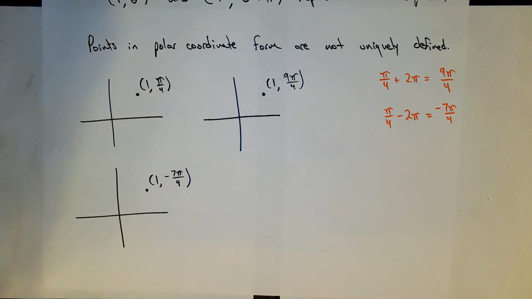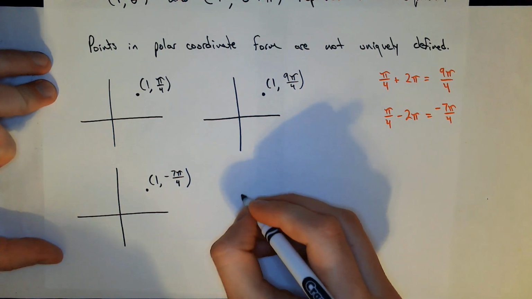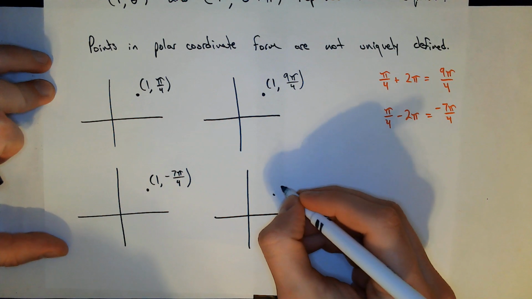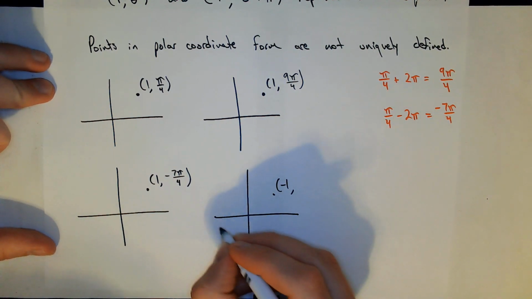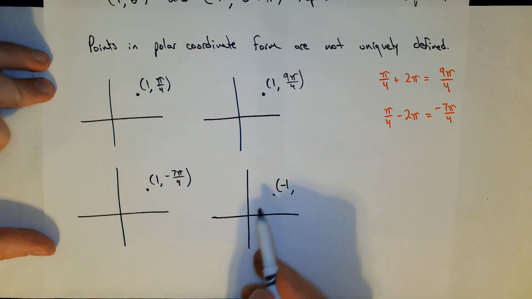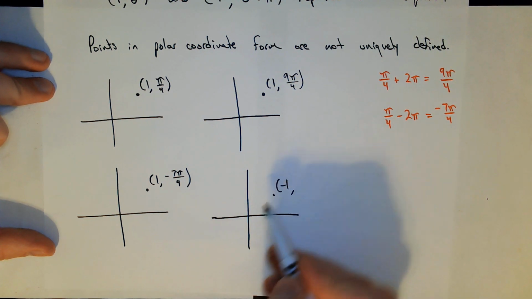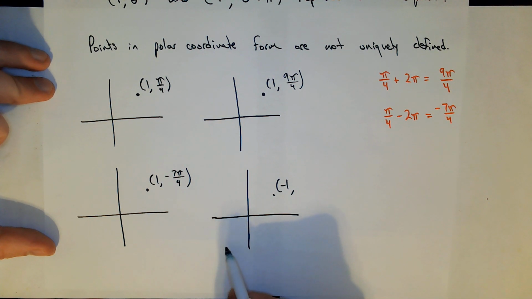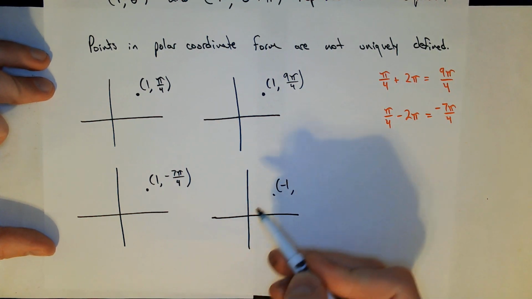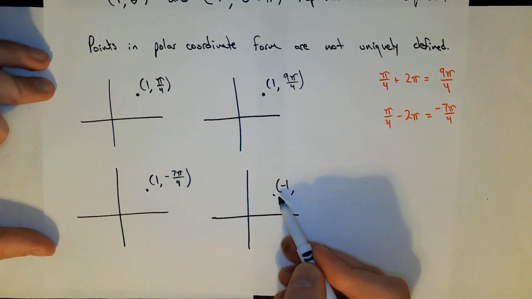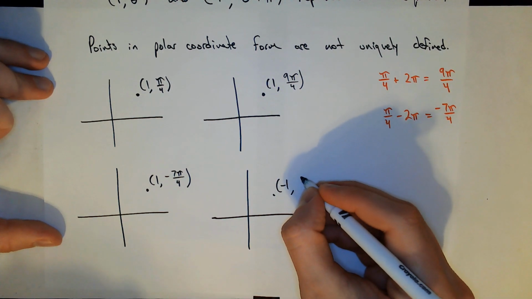And then I could even do the thing where I make r negative. So how would I manage to do that and make it land at the same value? Well, I would want the angle to be down here so that the negative r value would flip it back here. And what pi on 4 value down here is symmetric over the origin to the pi on 4 angle? Well, it would be 5 pi on 4.